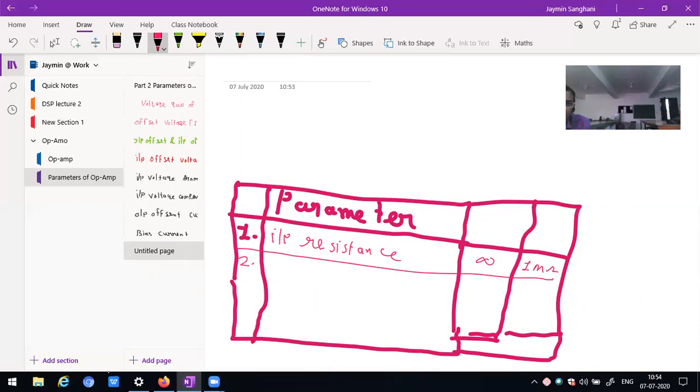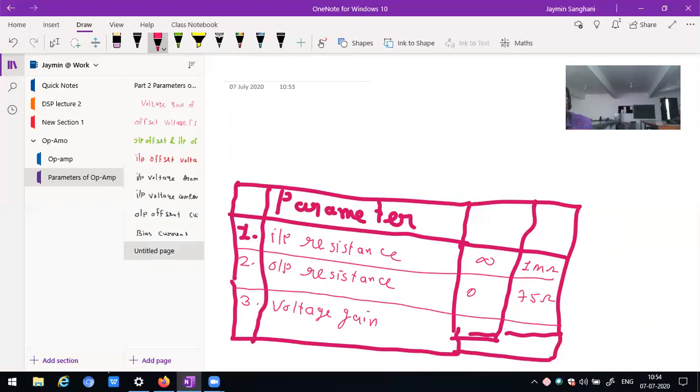Second, output resistance. Ideally 0, practically 75 ohm. Why? Because if the output resistance is low, then more load can be connected. Third is voltage gain. Ideally infinite, practically it is 2 into 10 raised to 5.